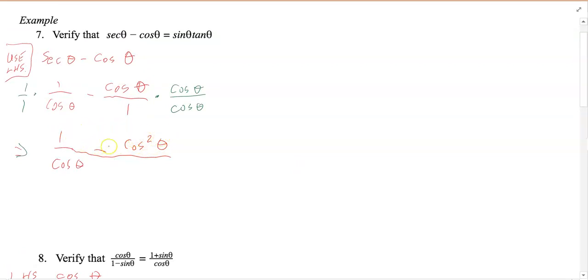If you recall the Pythagorean identity, 1 minus cosine squared theta is the same as sine squared theta. Then you can just plug that in. Otherwise, you can replace the 1 with sine squared theta plus cosine squared theta. But we know that this is just sine squared theta, so we get sine squared theta over cosine theta.